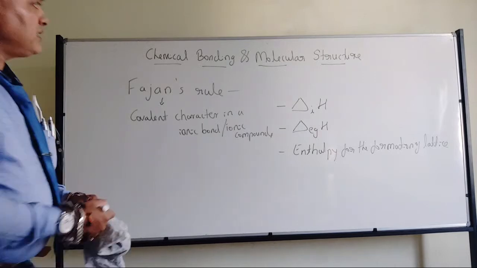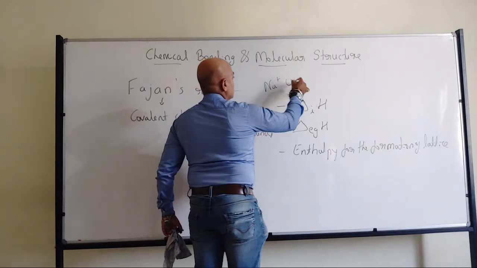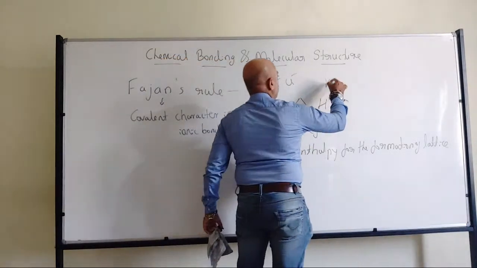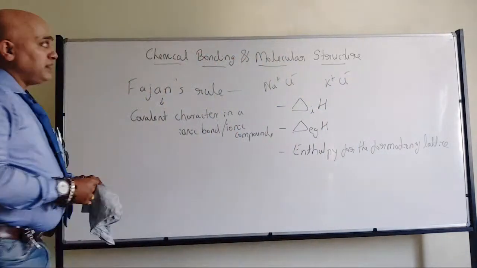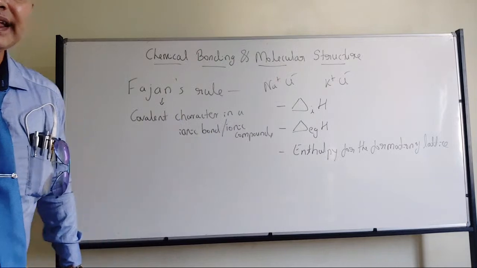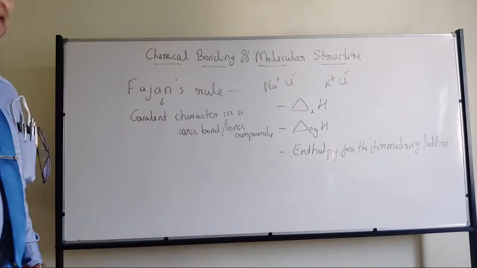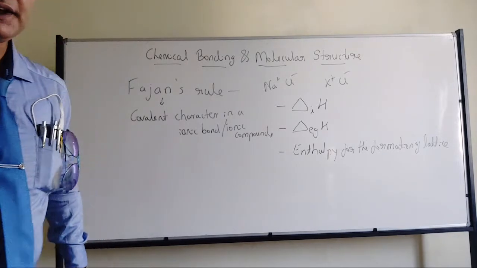For example, if I take Na+ Cl-, same way we will be having K+ Cl-. Now the question here will be, where will electrostatic interaction be high, in KCl or in NaCl? This is one simple example I have taken.